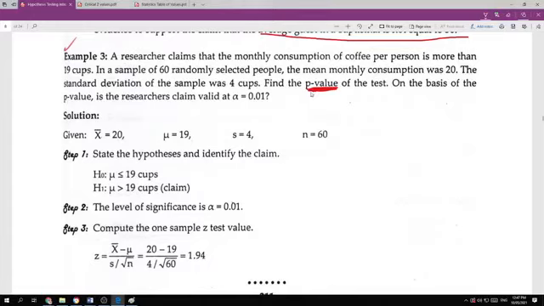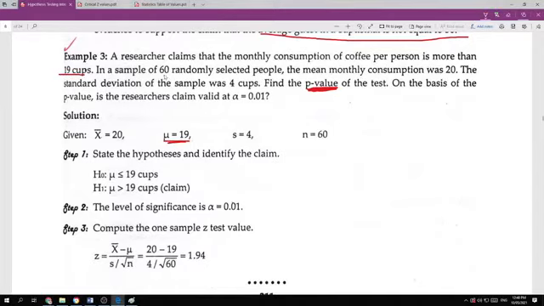Now, if you're going to be using the p-value, you will not determine whether it is two-tailed or one-tailed. You just compute the Z right away, then go to the table of Z's and look for the P there. So meaning, let's identify the given. 19 cups will be the population mean.